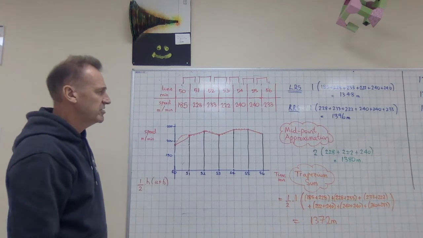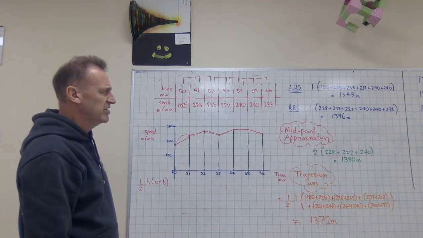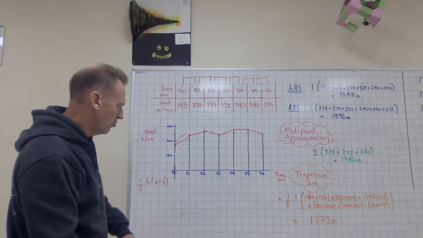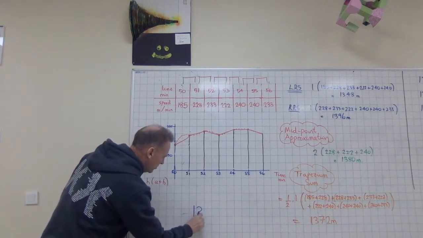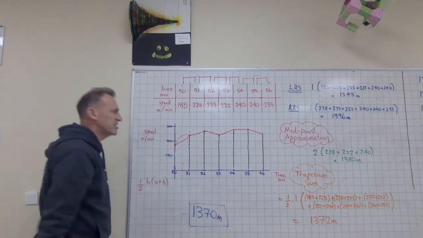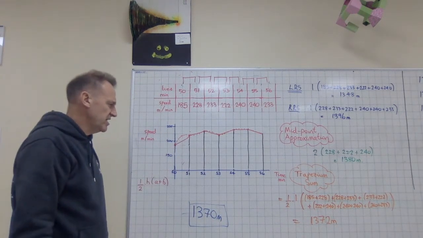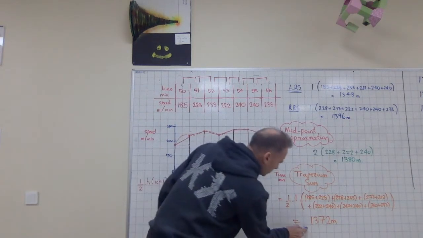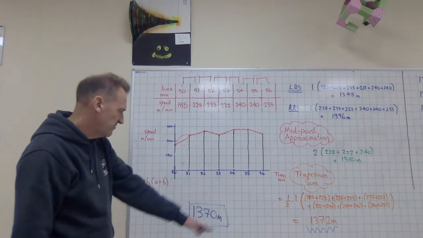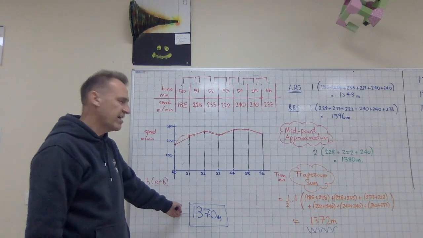All I can say to you is that the real value that was given on my watch was 1,370 meters. I actually ran 1,370 meters in this time. So as you can see, our final approximation, in this case the trapezium sum, was very, very accurate to what I ran on that day.